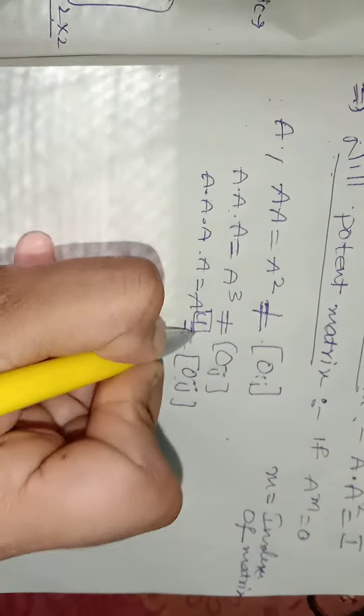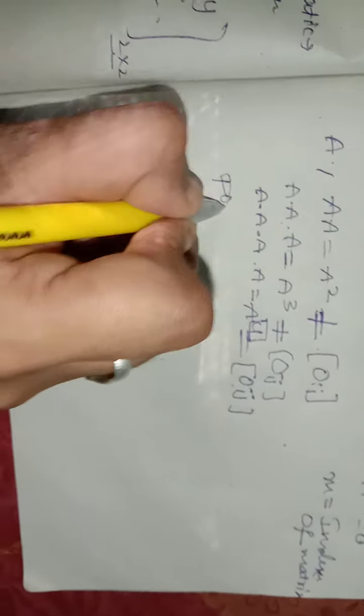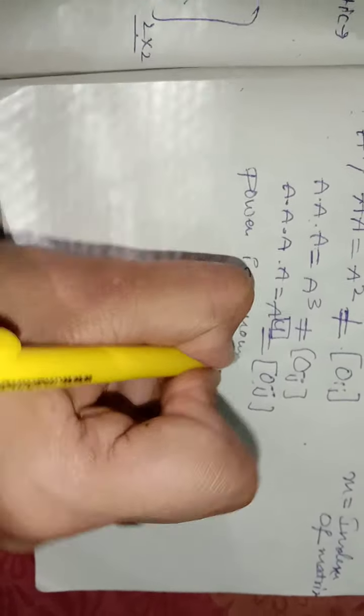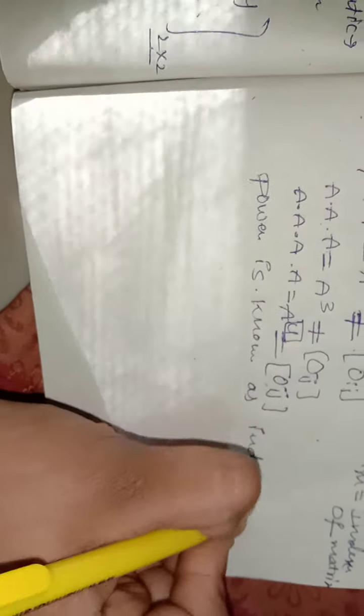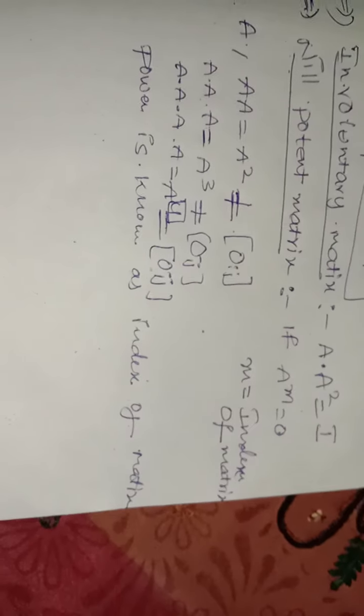Okay, then the number 4, the power, is known as the index of the matrix. Okay, can you understand this?